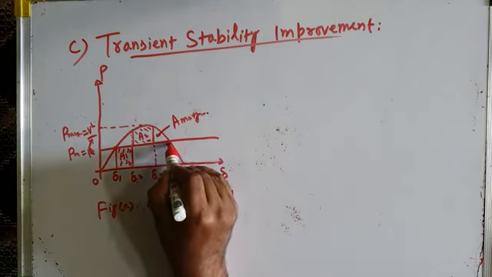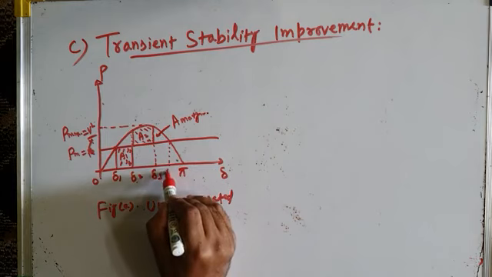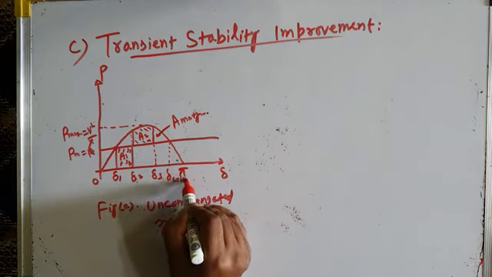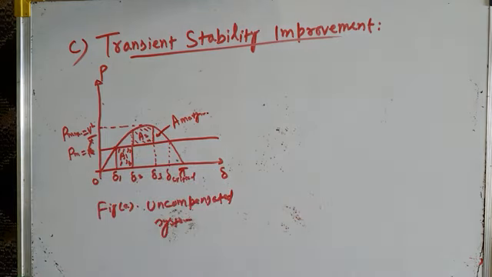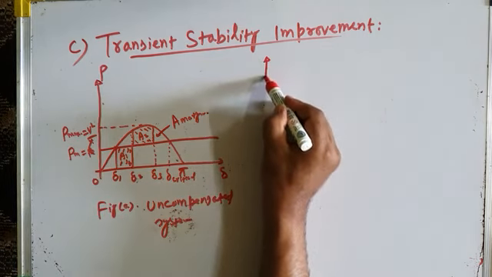This angle is called critical angle, delta critical. Okay, this is for uncompensated transmission line.